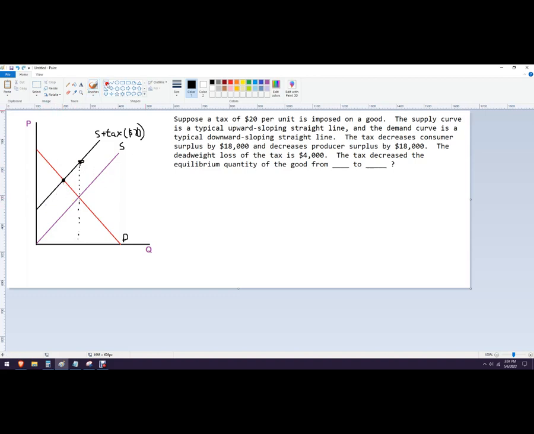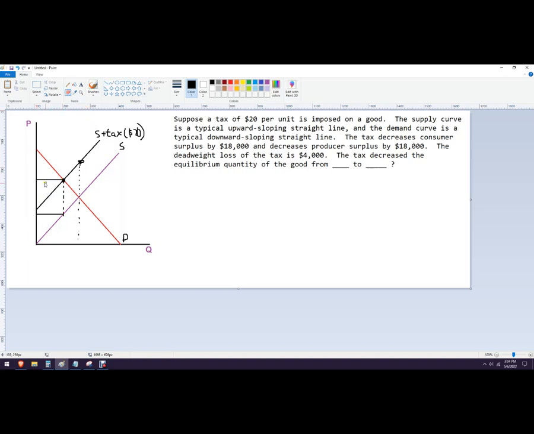Let me use my trick here. Go like this. And then we'll just make it a dotted line. Okay, so something like that. So the distance between here and here and here has to be 20.